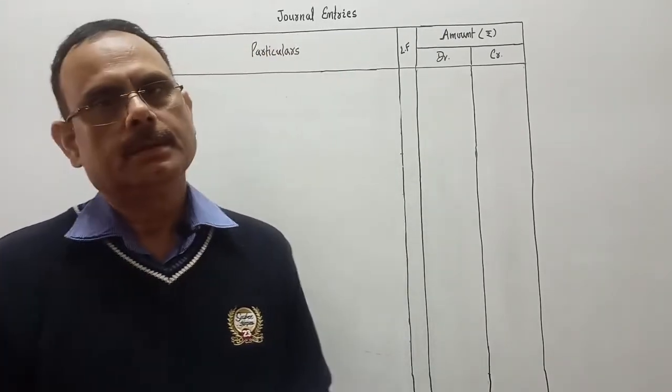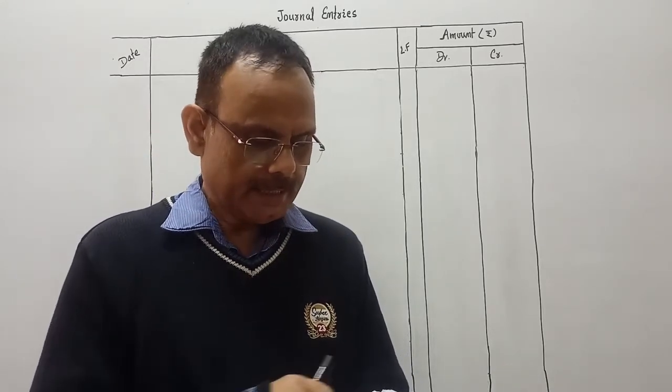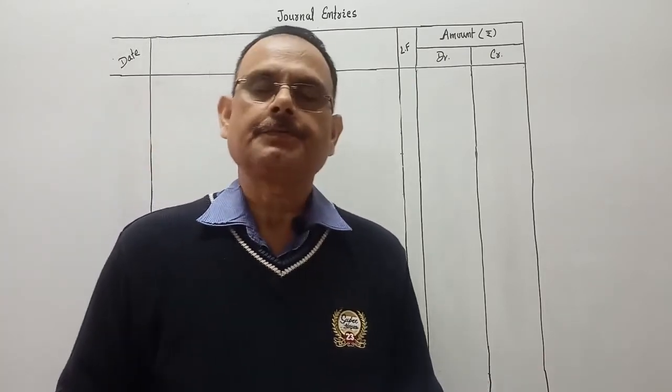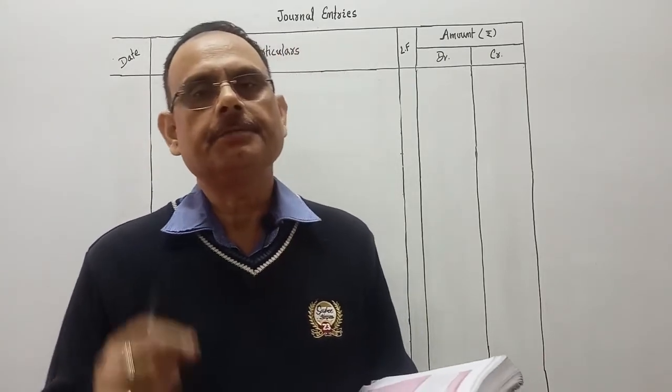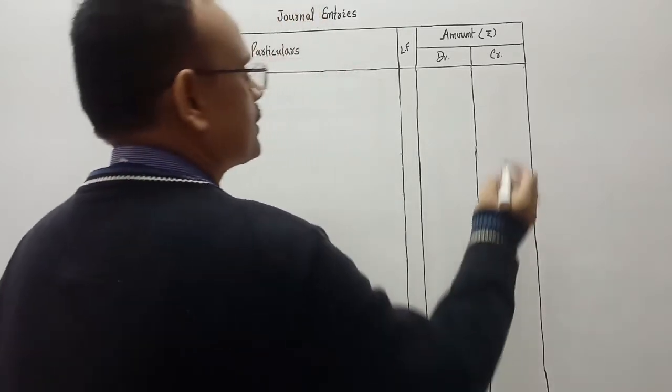Come to the next question based on adjustment entries. The question is, give journal entries for the following adjustment in final accounts, charging CGST and SGST at the rate of 6% each.